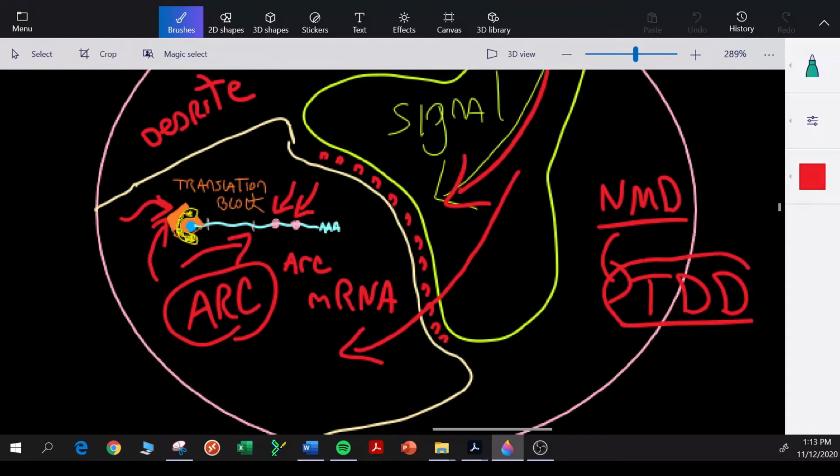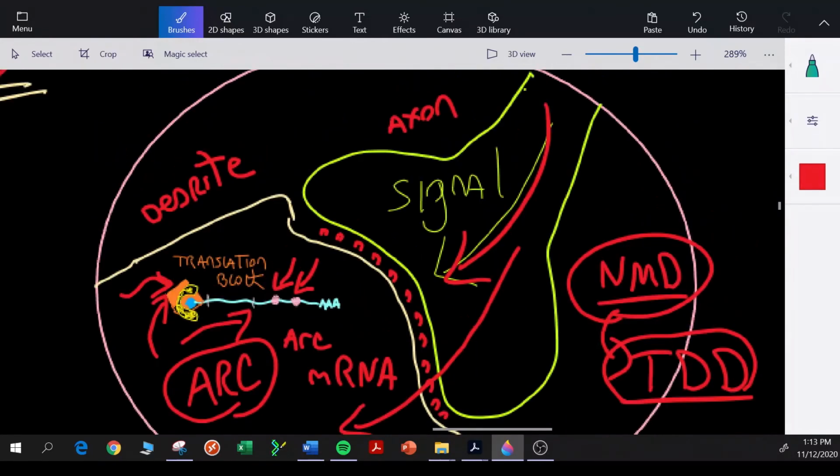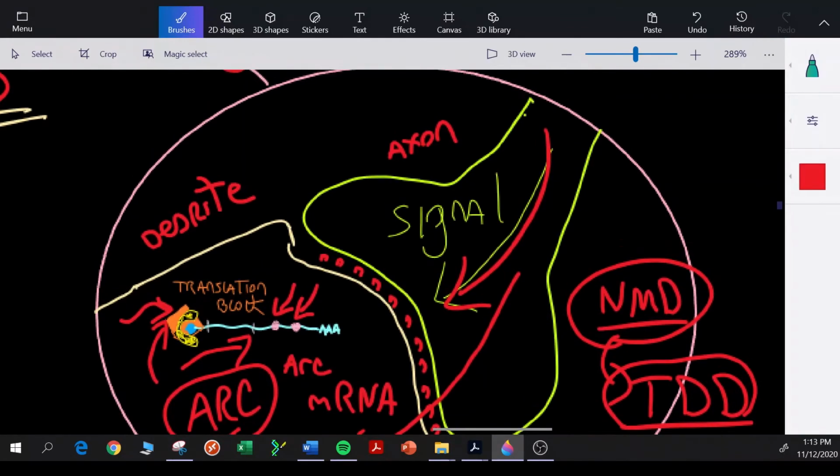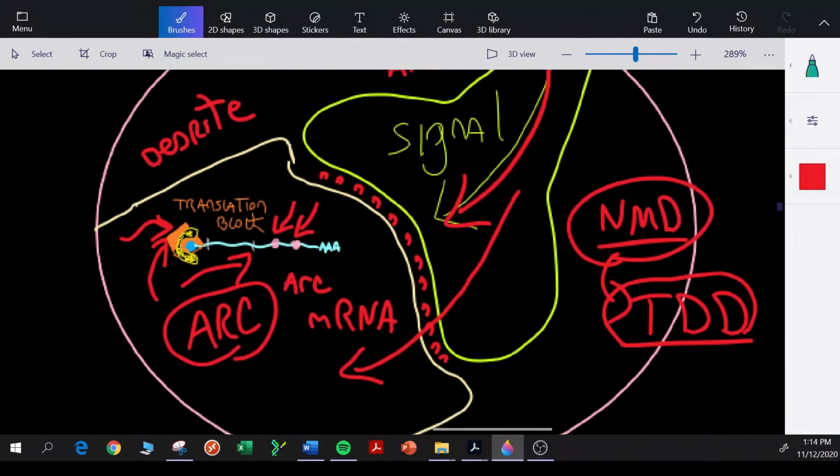But we can essentially use these terms interchangeably. I guess when the cell is using translation to purposely degrade a messenger RNA, because if it didn't do it, it would lead to bad things, we can call it TDD.